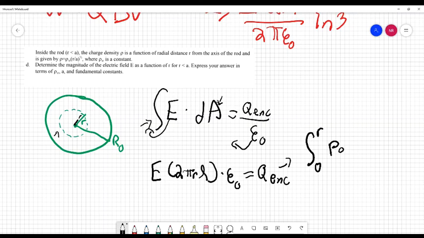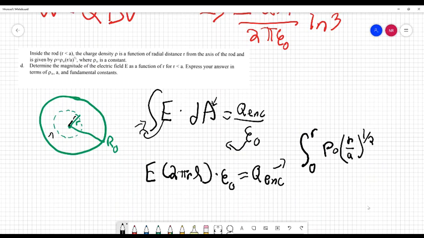So that would be the integral of rho naught times r over a to the power of 1/2, times 2 pi r L dr, because this would be the density, and to find the charge, we'd multiply the density by the volume element, 2 pi r L dr.